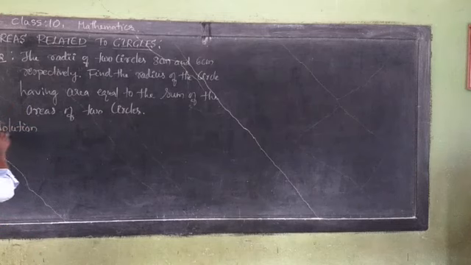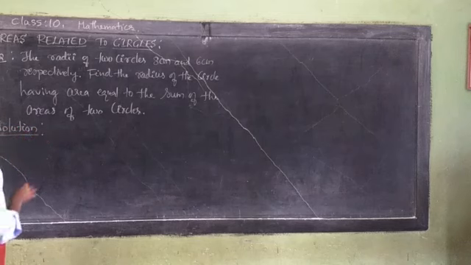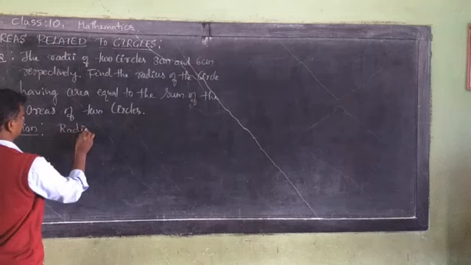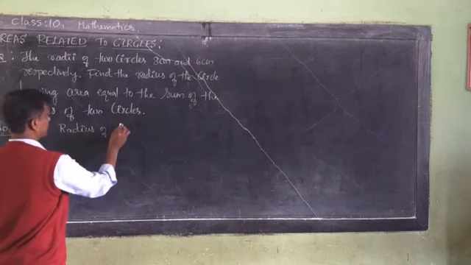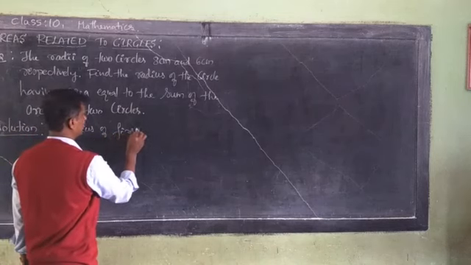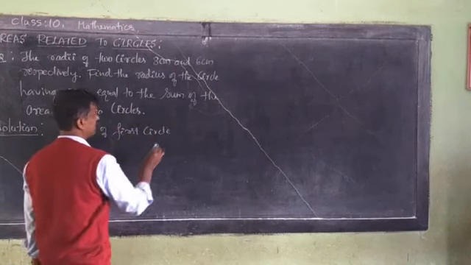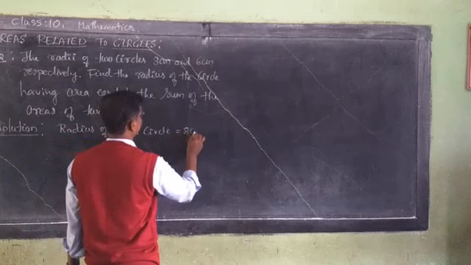So first, the solution. Radius of first circle is equal to 8 cm.